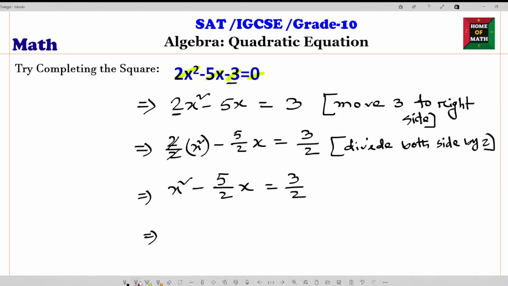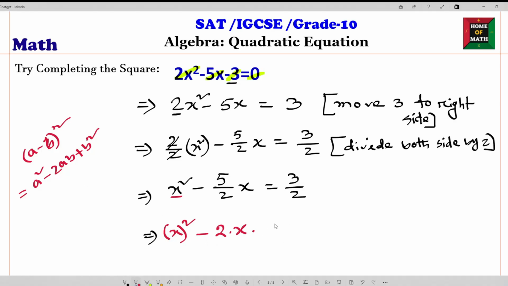Okay, now is the main point. We will add something in here. Once we add, it will become a minus b whole square, which means a square minus 2ab plus b square. So what can we do? Look, here is x square, it means a square, minus 2, here is 2, then a means x, right?